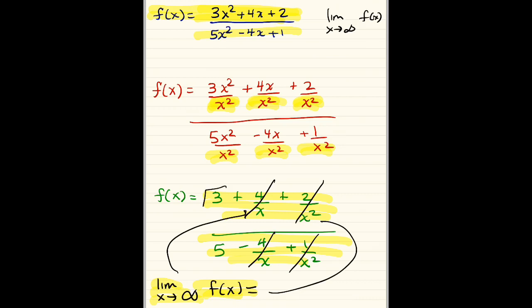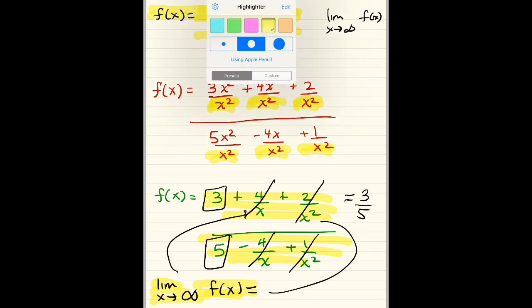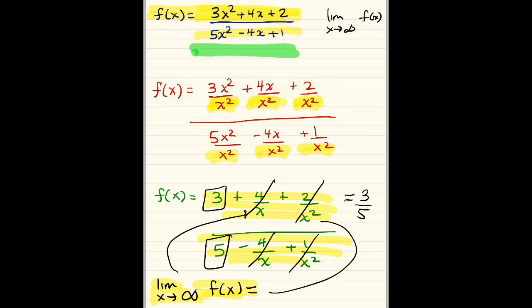There is no x here to plug in your infinity, and there's no x here to plug in your infinity, so this is just going to give you 3 over 5. In other words, if you go back and you graph this function, you will see that it will level off at 3/5. Okay, so there's a horizontal asymptote at 3/5.